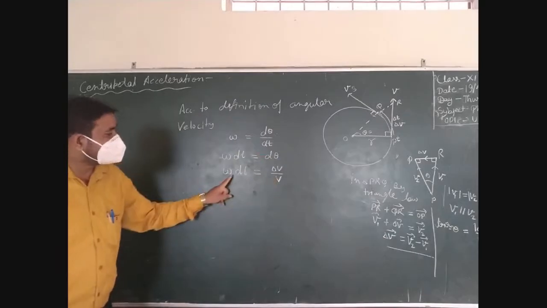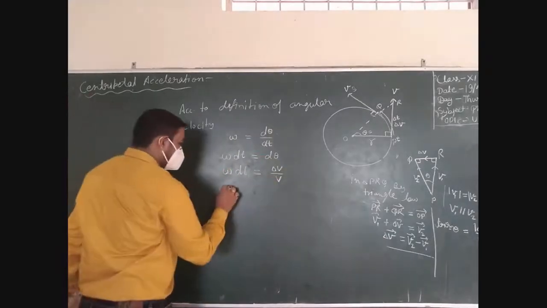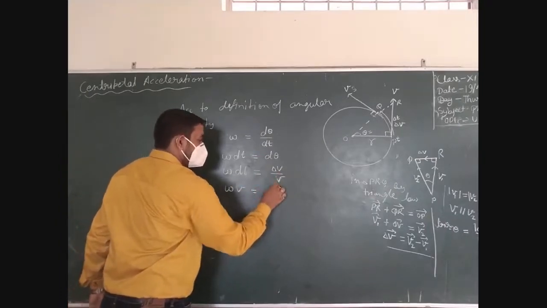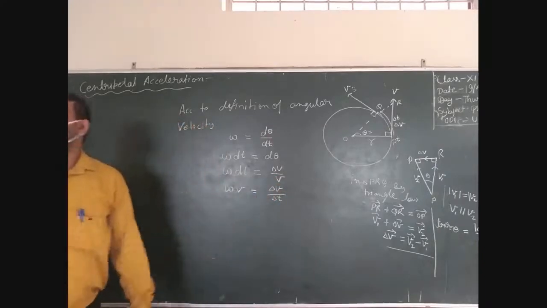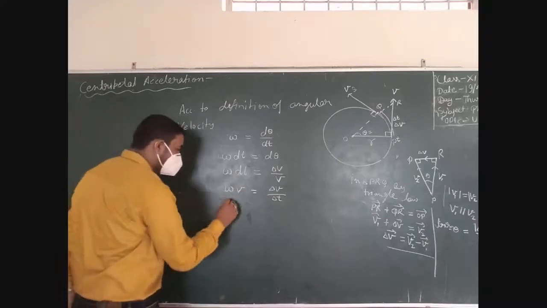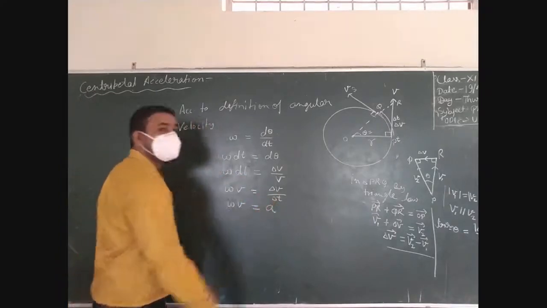Now we multiply by v and put del t in the denominator of del v. We get omega v is equal to del v over del t. This is the rate of change of linear velocity, so omega v is the linear acceleration.